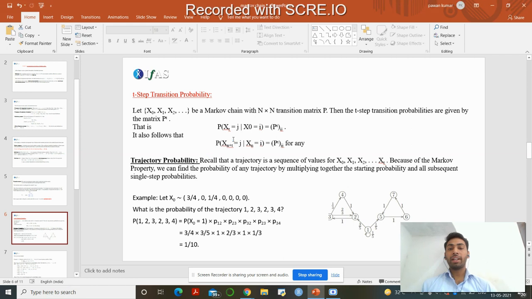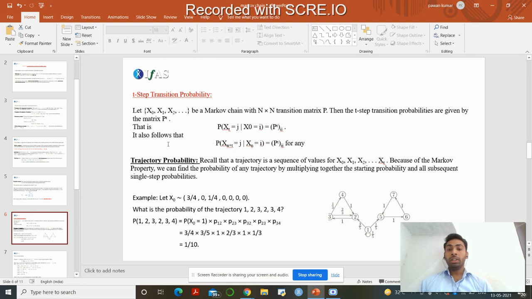So we can say the probability of X_t equal to j given X_0 equal to i is the t-step probability from i to j.